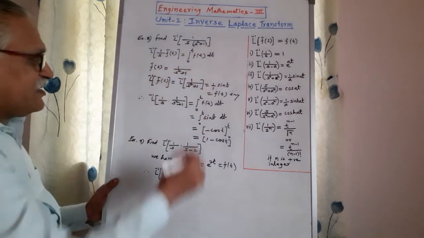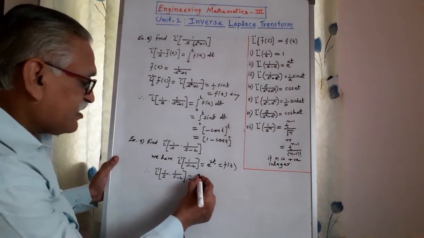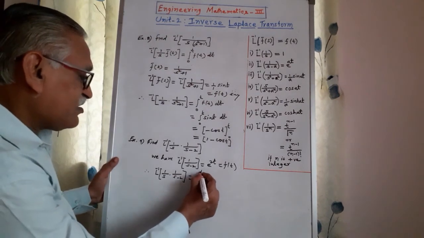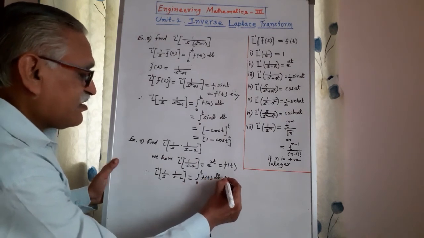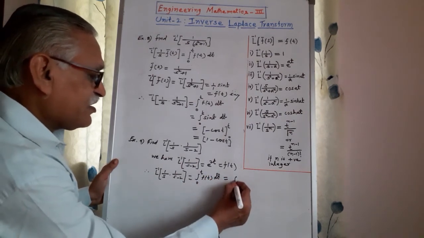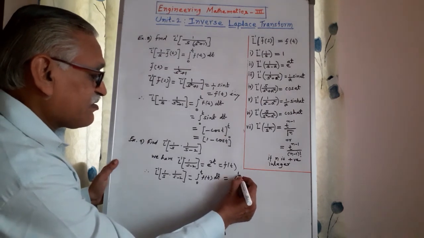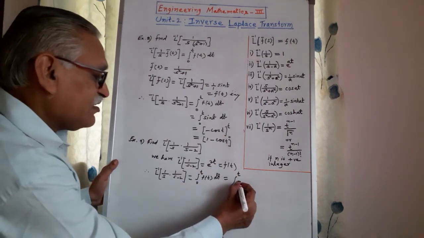And therefore, inverse Laplace of 1 by s into 1 upon s minus 2, by this property or theorem, is integral from 0 to t of f of t dt. Therefore it is equal to integral from 0 to t, f of t is e raised to 2t.